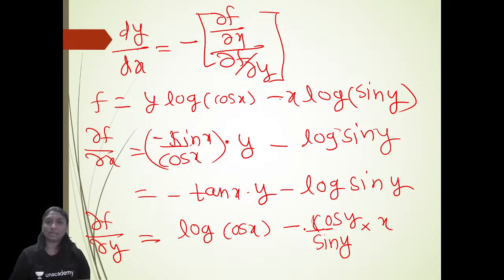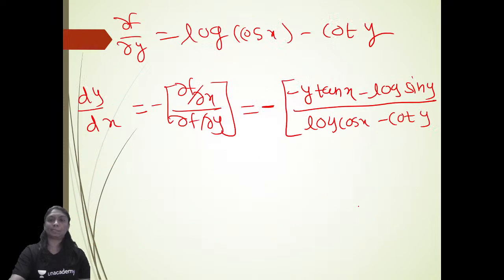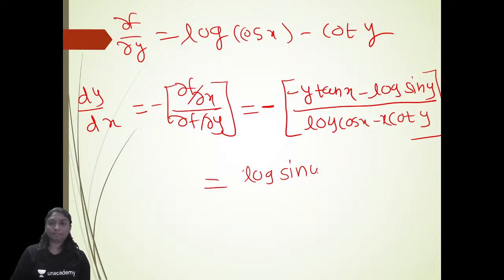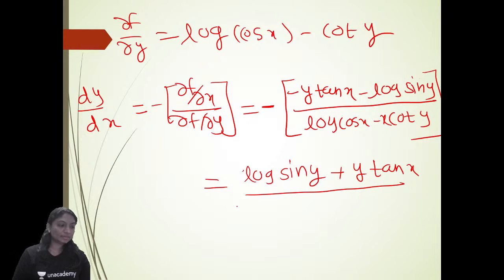No, this x is remaining. So here minus x cot y. So multiplying with the minus sign, you will get y tan x plus log sin y upon log cos x minus x cot y.